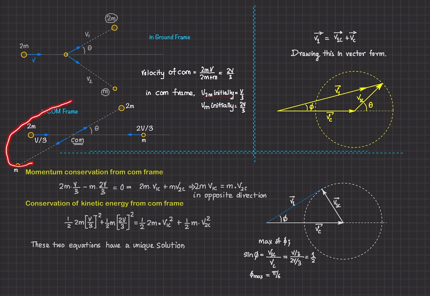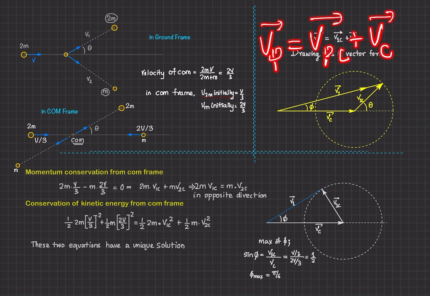So we are drawing this diagram now but in vector format. We use this concept: the velocity or motion of any particle can be given as the velocity of the particle in the center of mass frame plus the velocity of the center of mass. This is a concept which is used in center of mass problems.